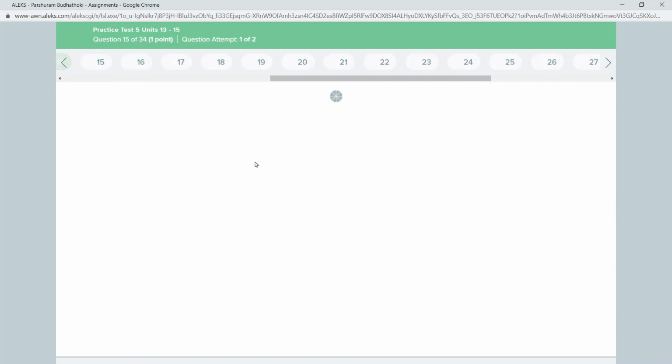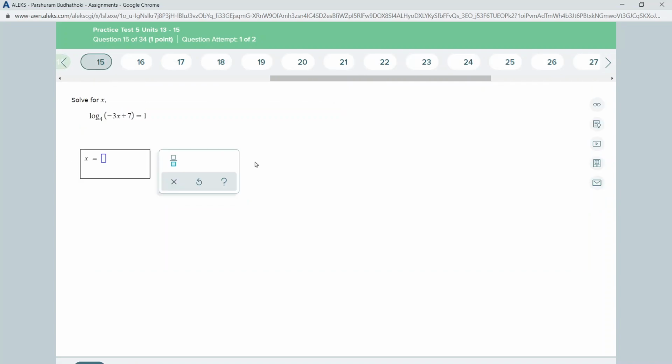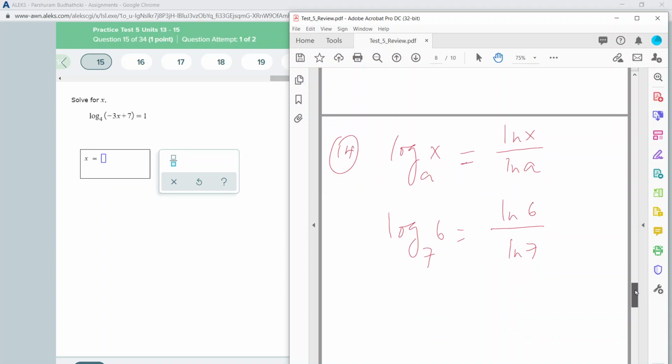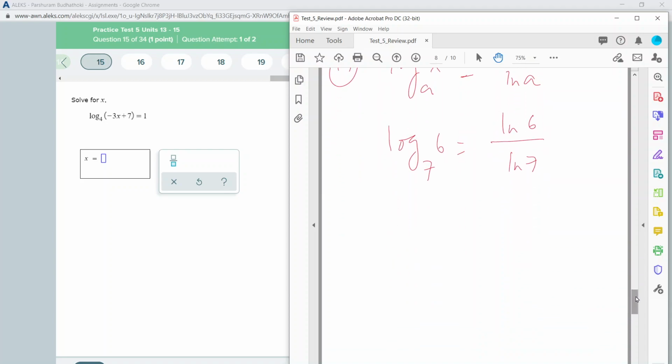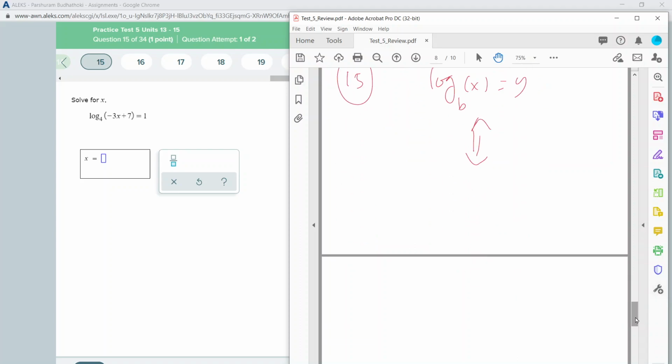Let's go to number 15. Solve for x. You can change this equation into exponential form, because right now it's a log. I can use this form: log base b of x equal y can be written as x equal b to the power y, and here at this place x might be something else, we don't care, it might be negative 3x plus 7.